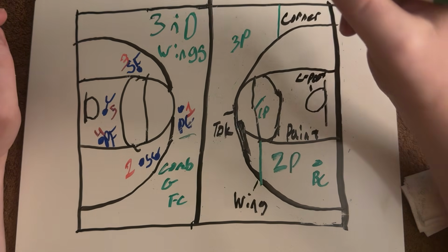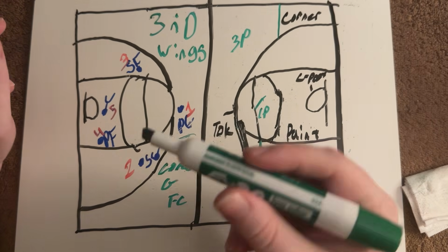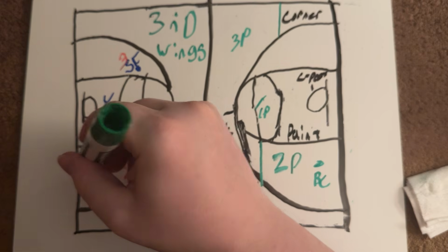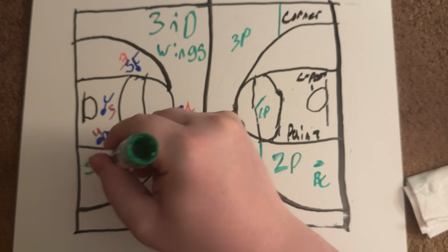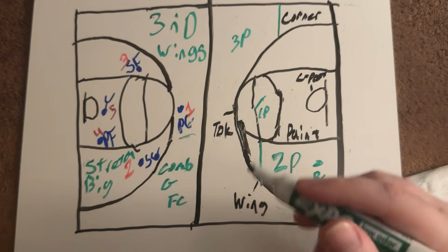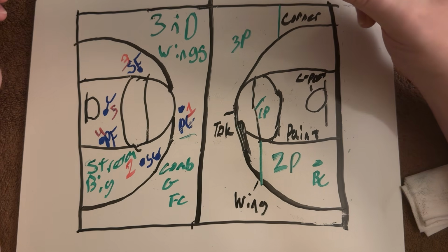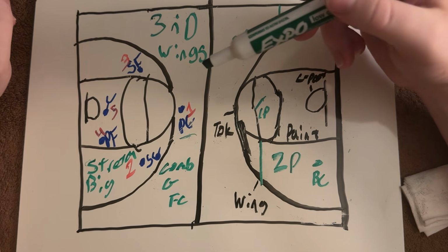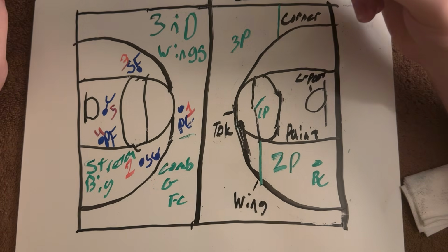One of the terms you're going to hear a lot, especially nowadays, is stretch big. A stretch big is just the biggest guy on your team that can also shoot from behind the arc.